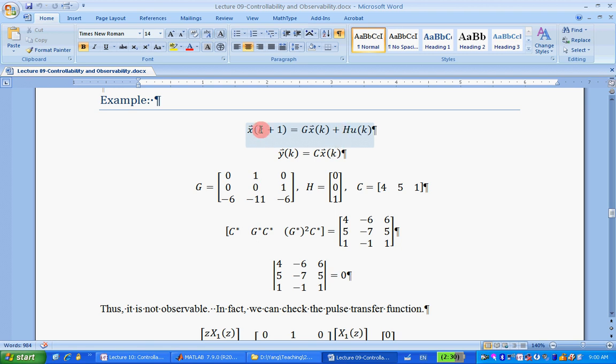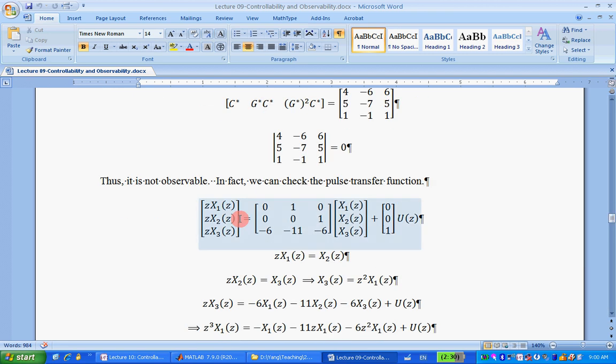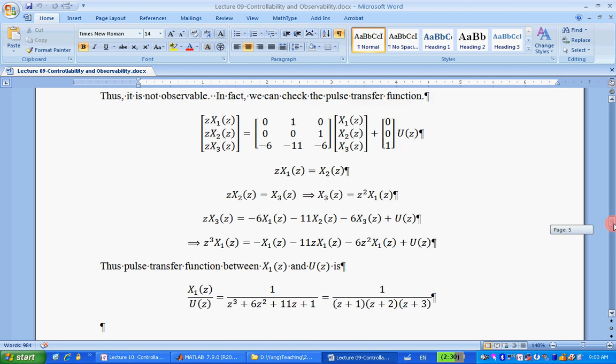And if you take a z transform on both sides, this side becomes zX(z), and this becomes X(z). So basically that's what this is. And if we expand this whole thing, that's what this equation is for. So zx1 equals x2, zx2 equals this. I expand it.